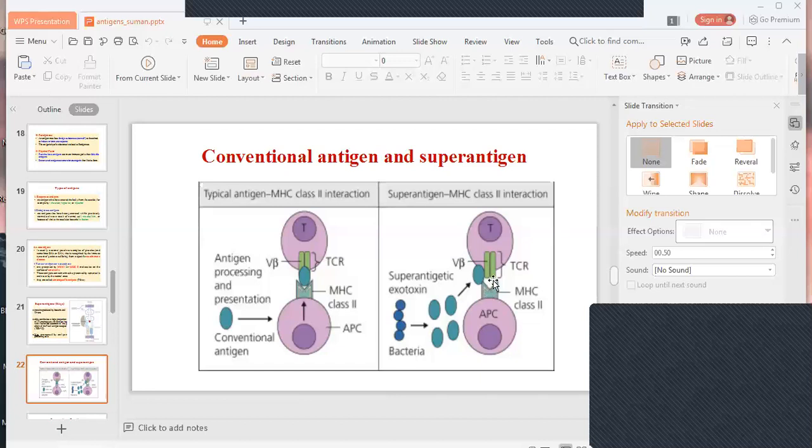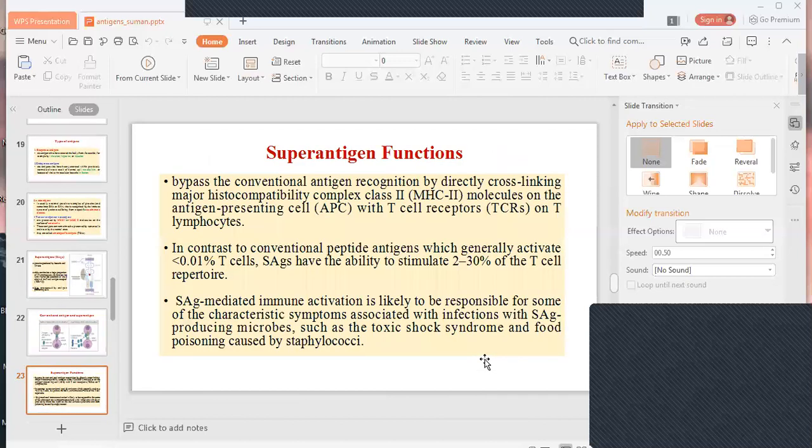They are not processed by the antigen presenting cells, so bypassing the antigen presenting cell, they are binding with the MHC2 complex and the T cell receptor beta variable region.